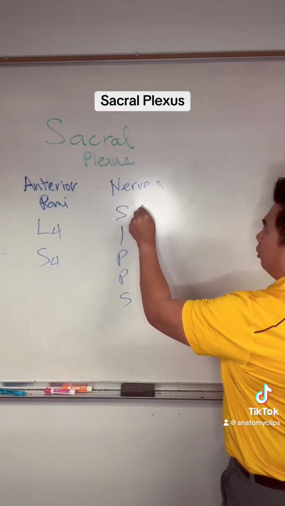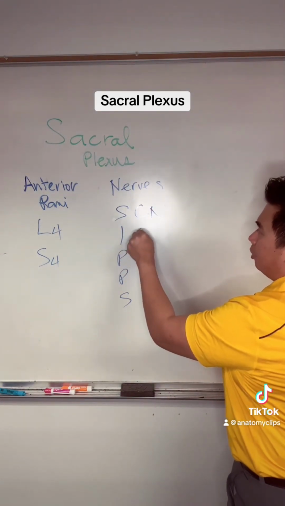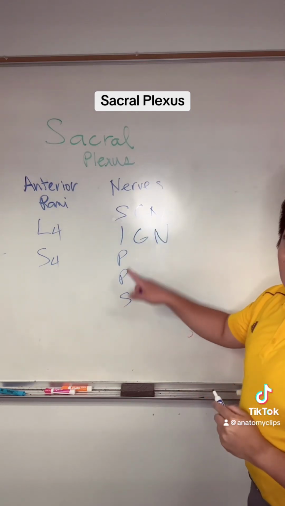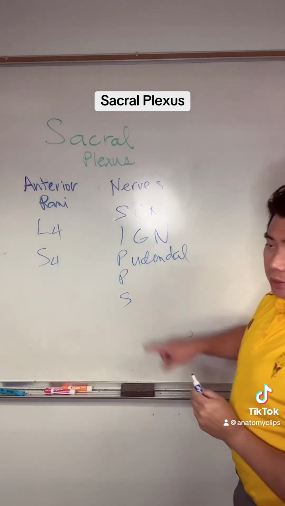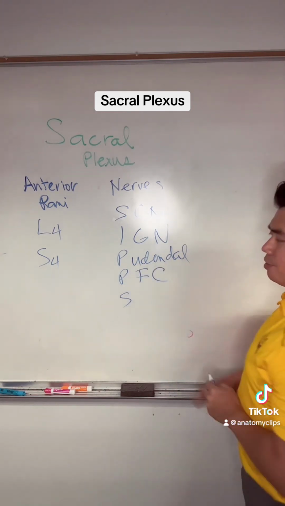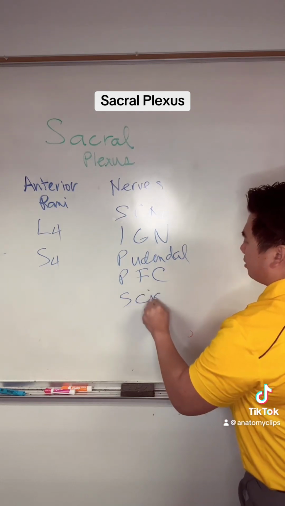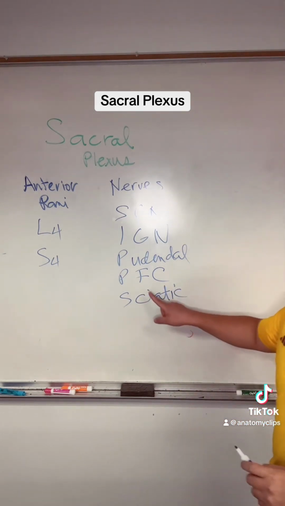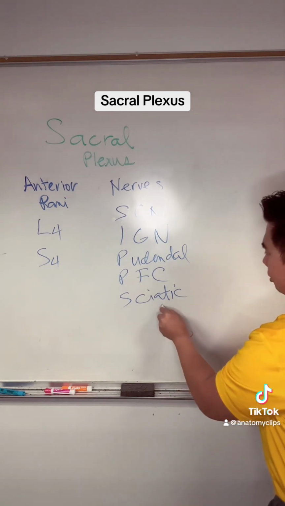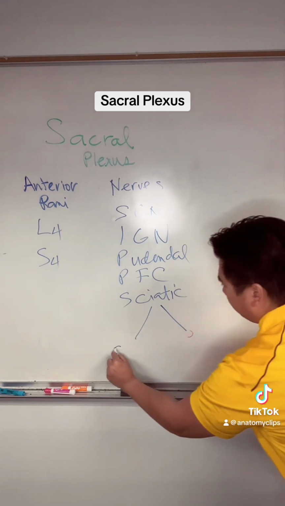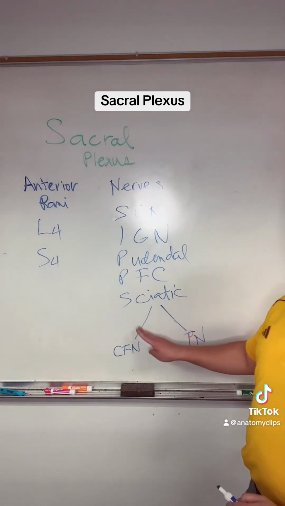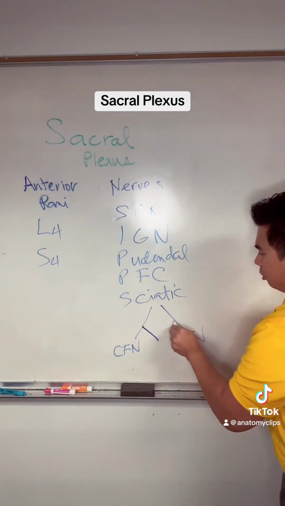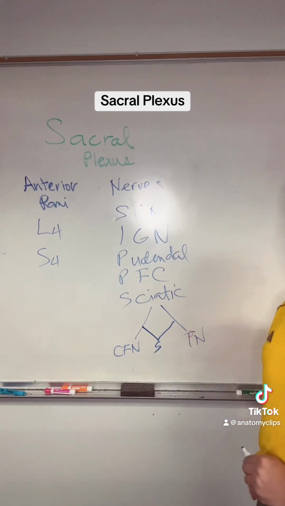S is the superior gluteal nerve, I is the inferior gluteal nerve, P is the pudendal nerve, the other P is the posterior femoral cutaneous nerve, and the S is the sciatic nerve, which will split into multiple branches: the common fibular nerve and the tibial nerve. And the common fibular nerve and tibial nerve will have contributions added to the sural nerve.